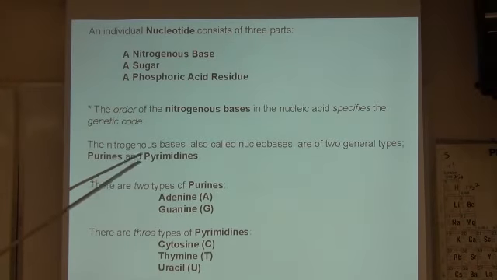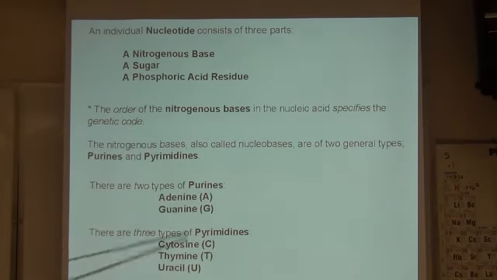The order of the nitrogenous bases is what specifies the genetic code. That's what is interpreted off the messenger RNA, ultimately translated into proteins, which express everything that we are. Everything, our height, eye color, hair color, everything. We have two types of nitrogenous bases, the purines and the pyrimidines.